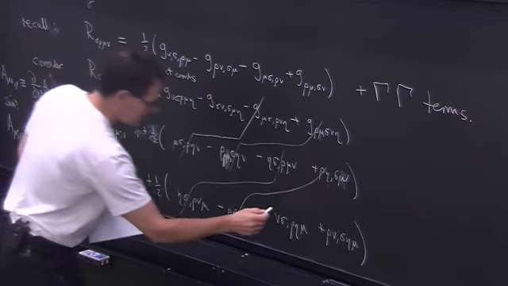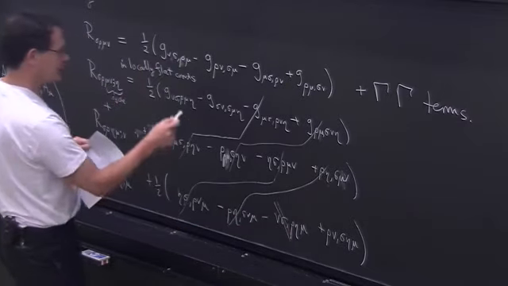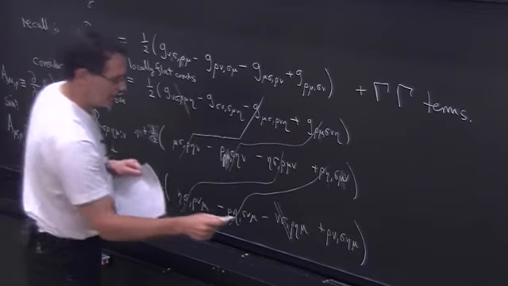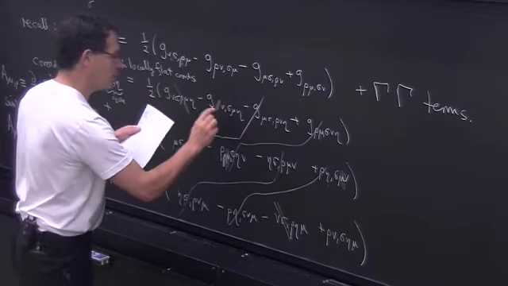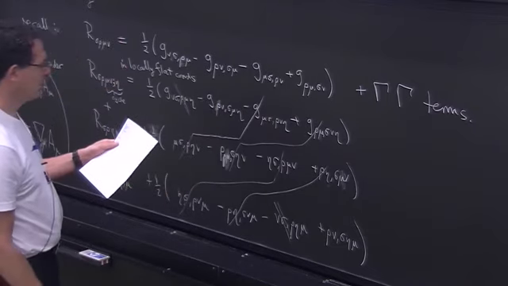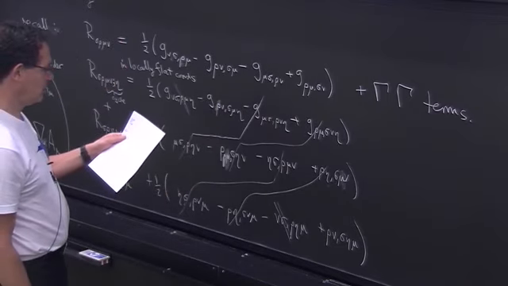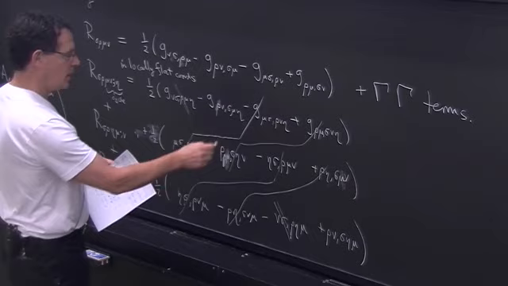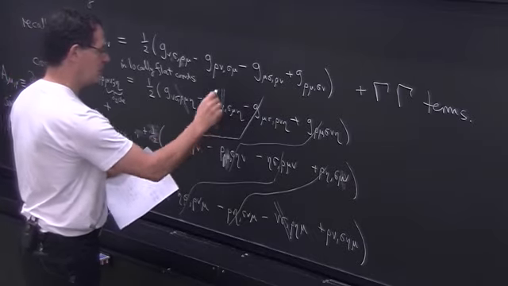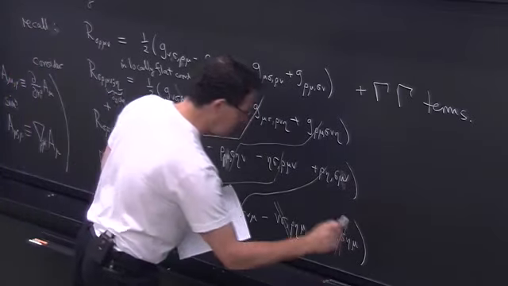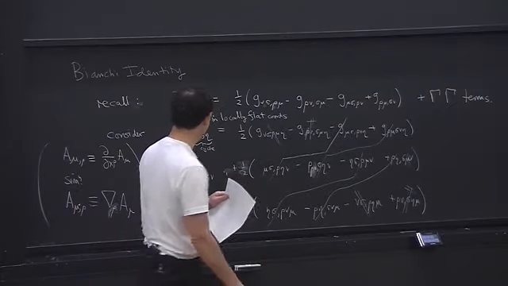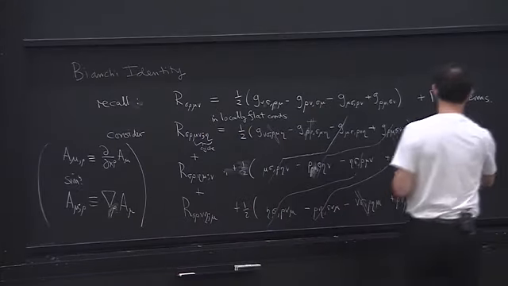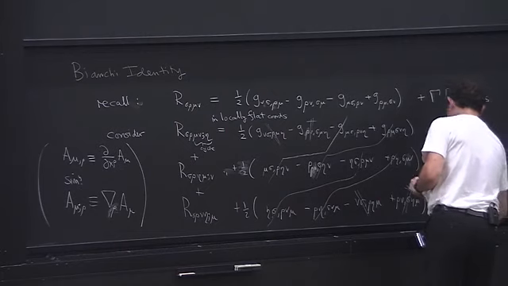Mu sigma, this guy cancels with this one. And I did make a mistake. That should have been rho mu. Somebody should have rho mu sigma mu eta. And this one cancels with this one. Voila. So this combination equals 0.